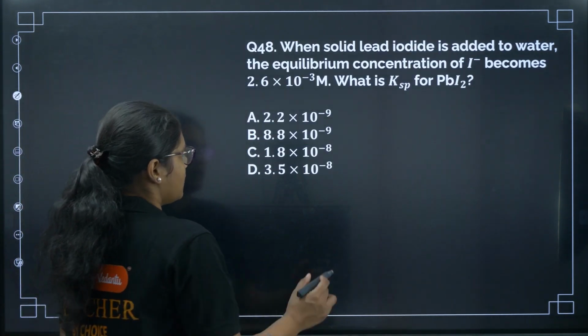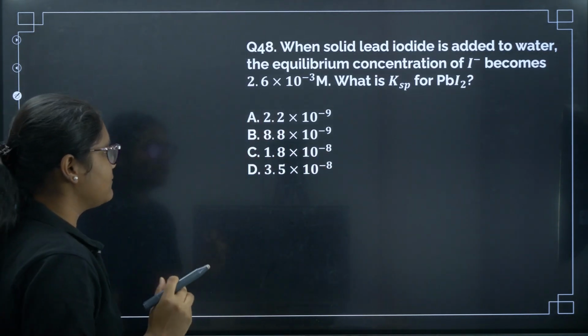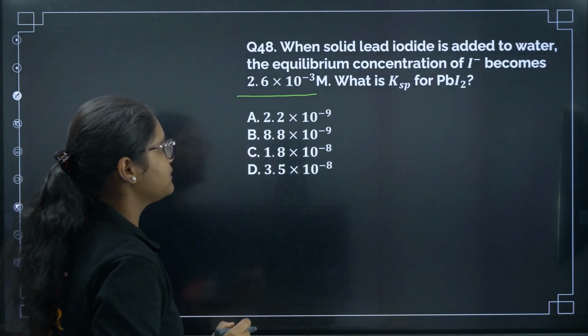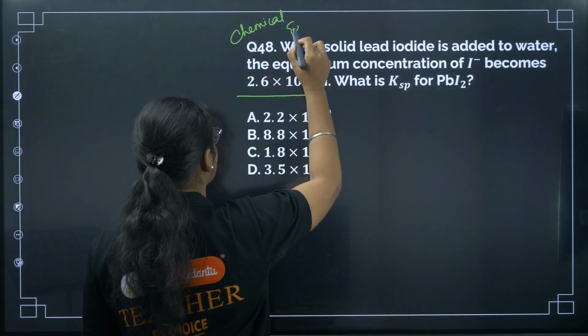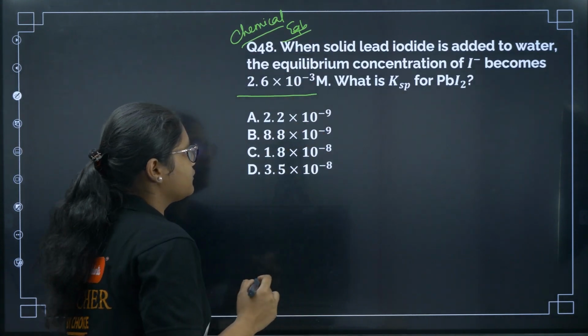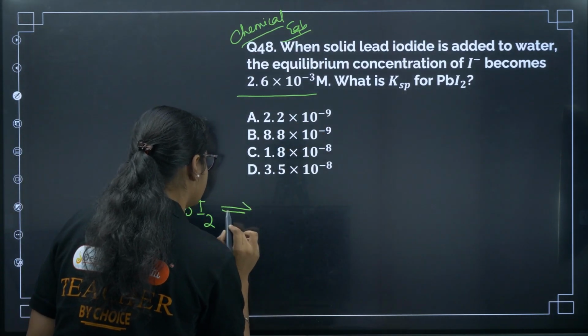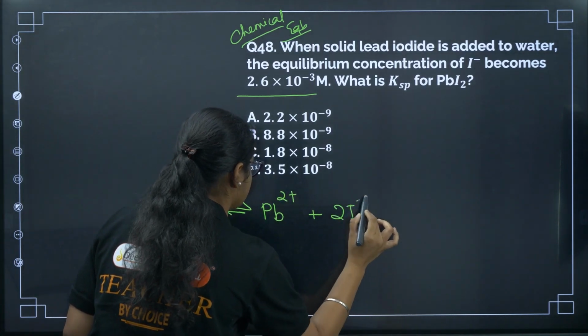Okay, next, when solid lead iodide is added to water, the equilibrium concentration of I minus becomes 2.6 into 10 to the power of minus 3. What is the KSP for PbI2? So the question has come from chemical equilibrium. Okay, so PbI2, how will it dissociate? It will dissociate as Pb2 plus and 2I minus, right?